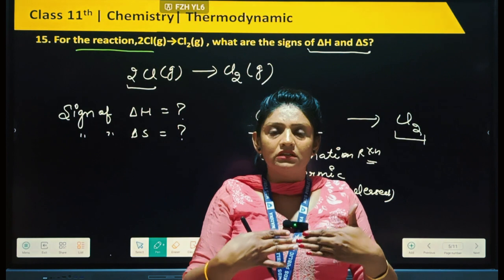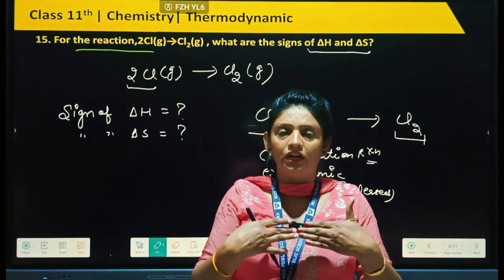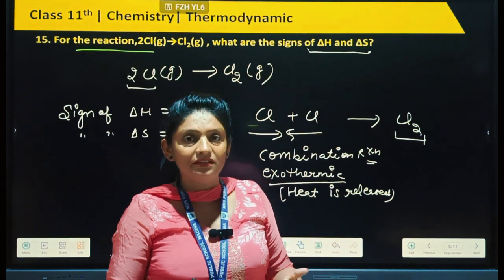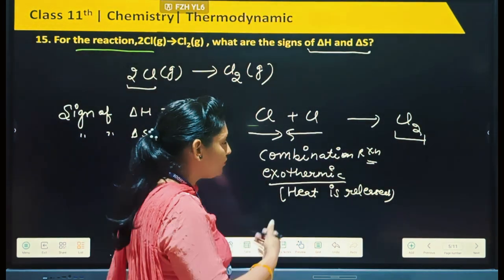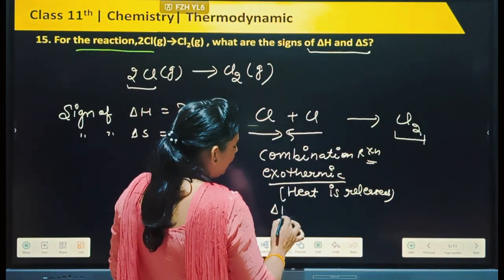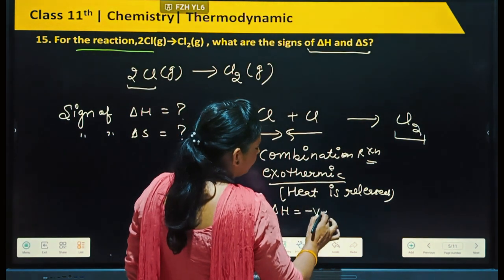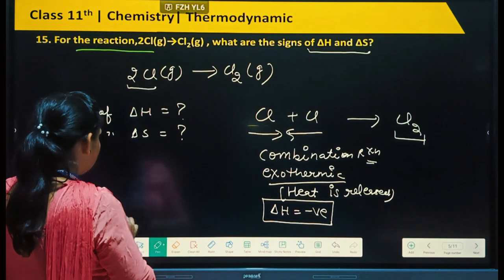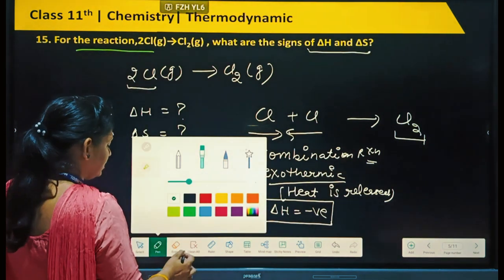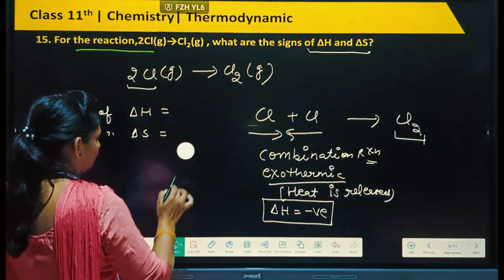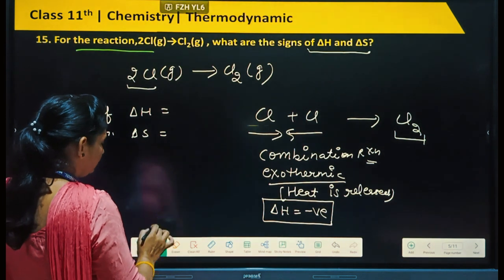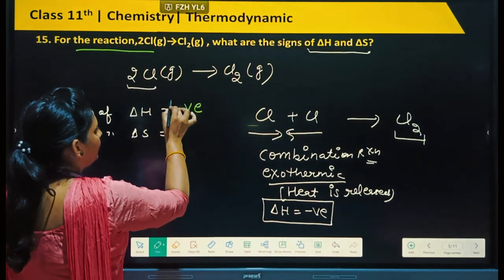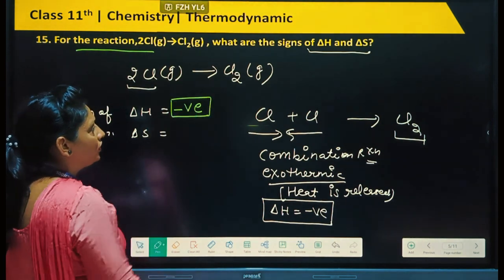After collision, some heat is produced, meaning heat is released there. So students, for an exothermic reaction, del H will be negative. So we can say the sign for del H will be negative. Okay, students.